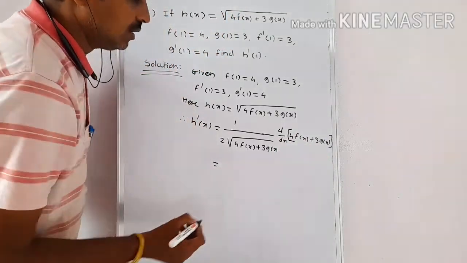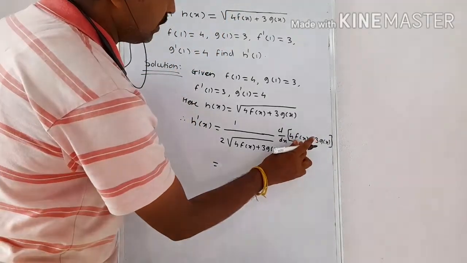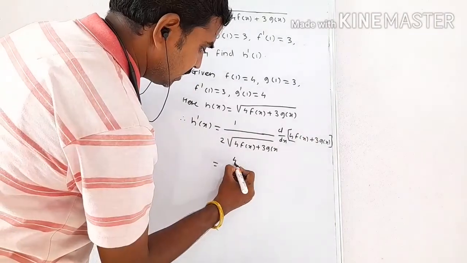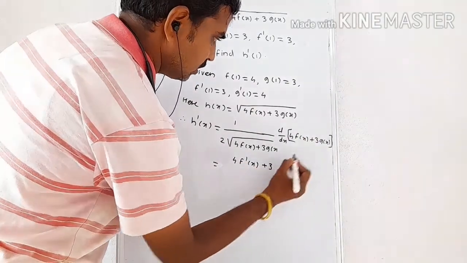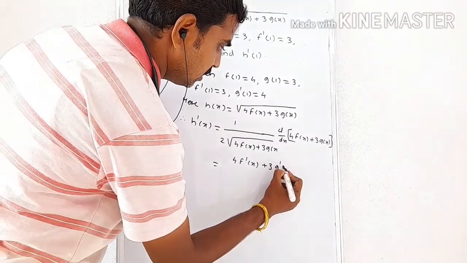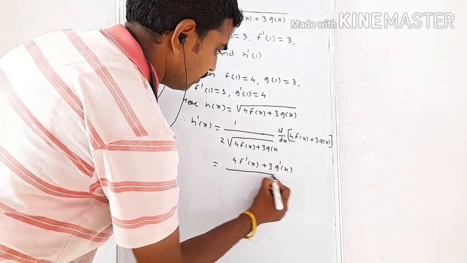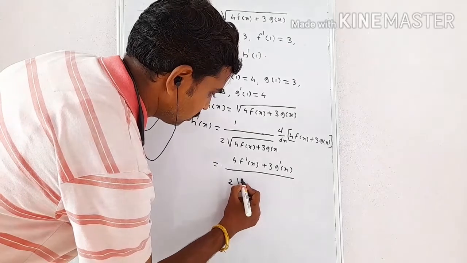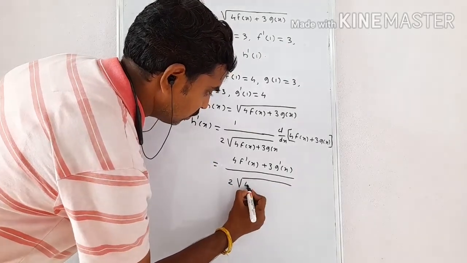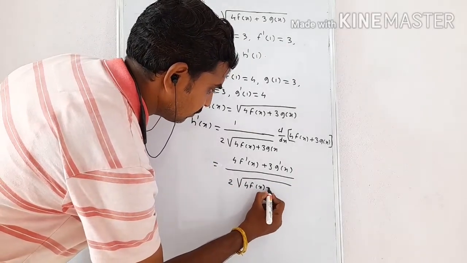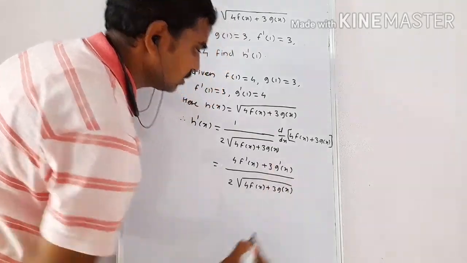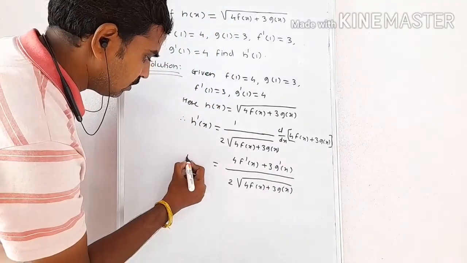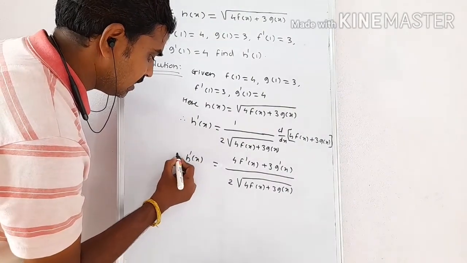Here, 4 is constant as it is, the derivative of f of x is f dash of x. Again, 3 is constant as it is, the derivative of g of x is g dash of x, divided by 2 into square root of 4 into f of x plus 3 into g of x. This is the formula for h dash of x.